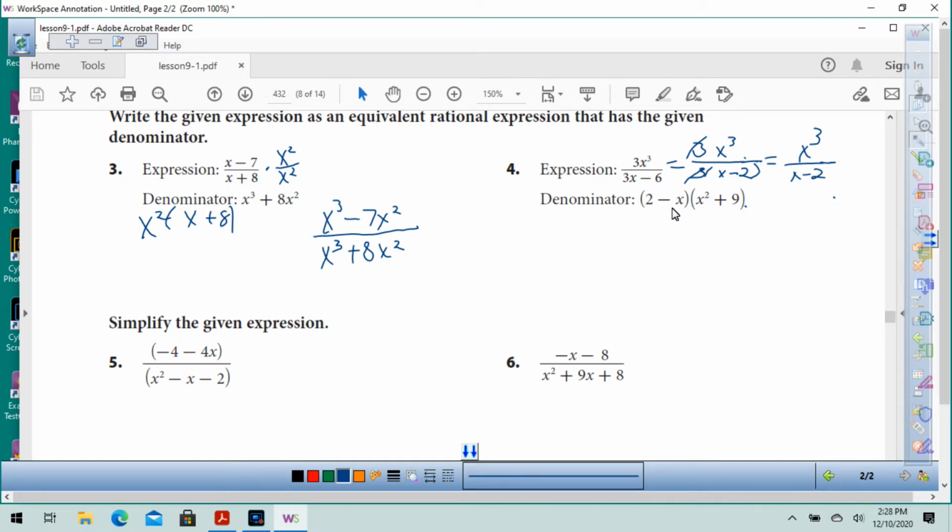Well, let's see. We want 2 minus x in the denominator, and then x squared plus 9. So I think what we need to do is multiply it by negative 1.